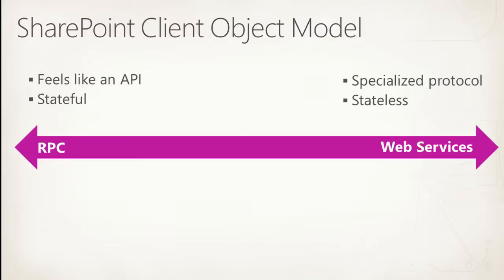Whereas web services are a totally different approach. There are specialized protocols optimized for certain operations, with a lot of thought put into how many round trips you do, and it's very obvious when you're using web services that these are network transactions. It doesn't feel like an API. And they tend to be stateless. The whole philosophy of REST is that there's an input and an output, and that's your transaction.